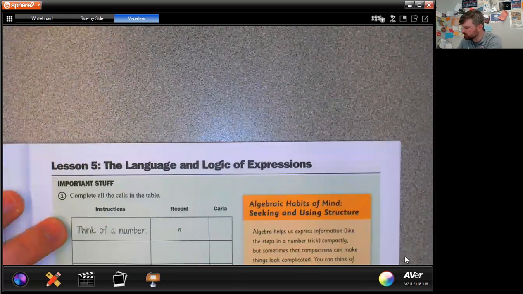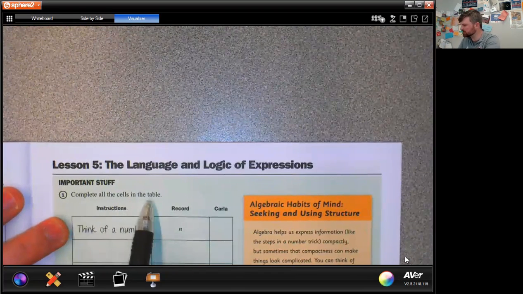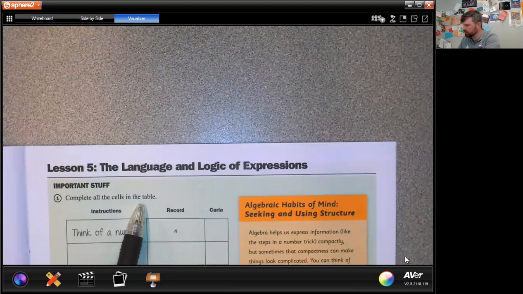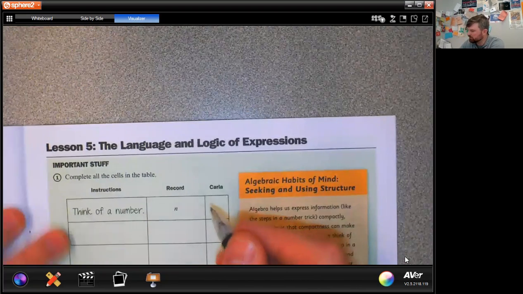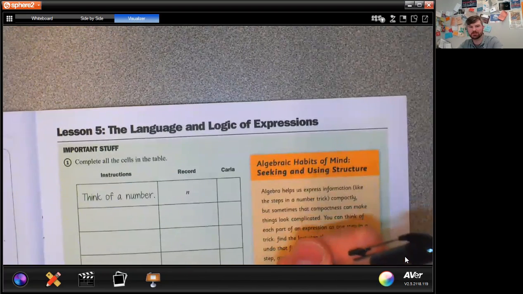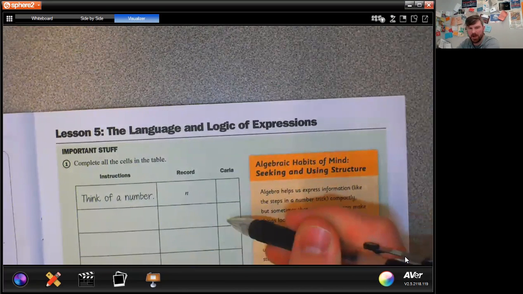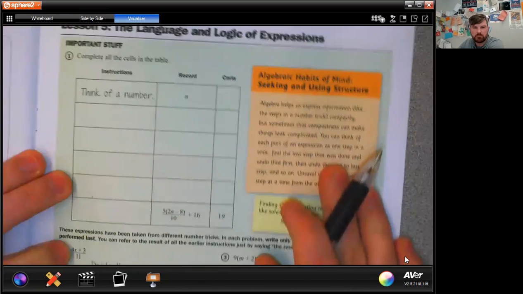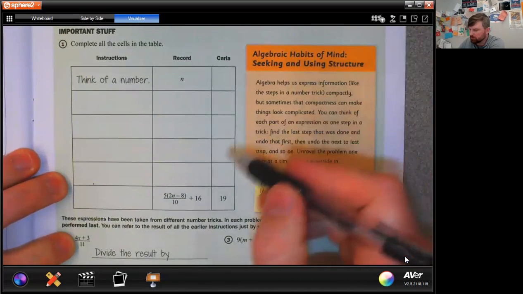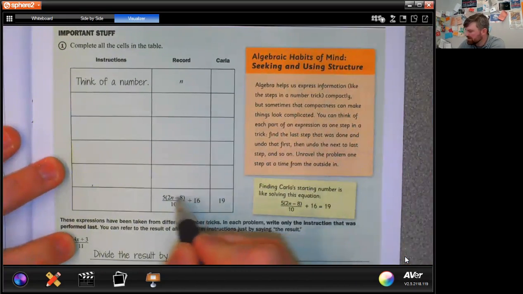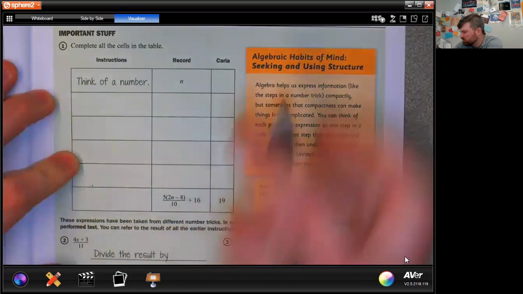Here we're going to complete all the cells in the table. We're thinking of a number, and Carla has a number at the end that we'll work our way backwards with. Remember, the way this is written tells us the whole story.